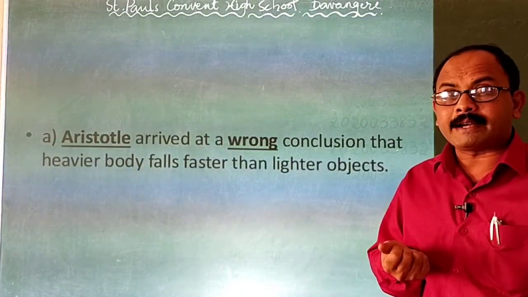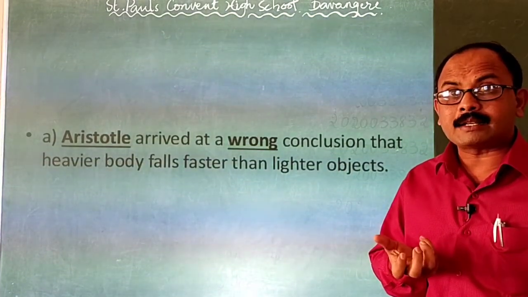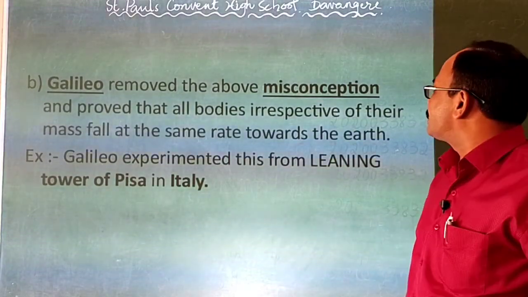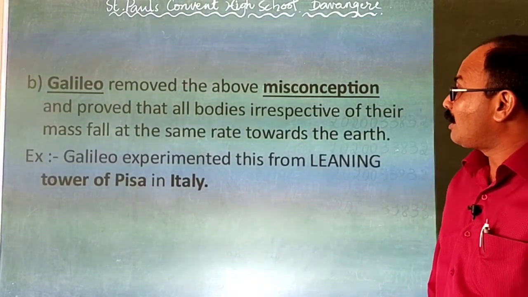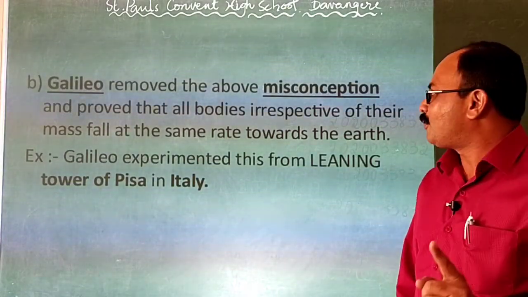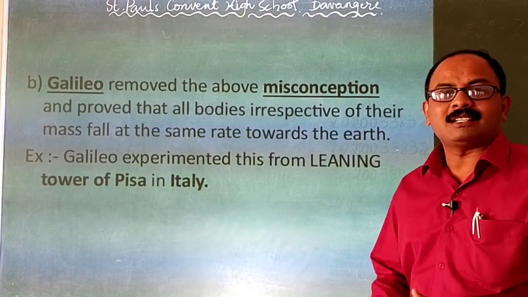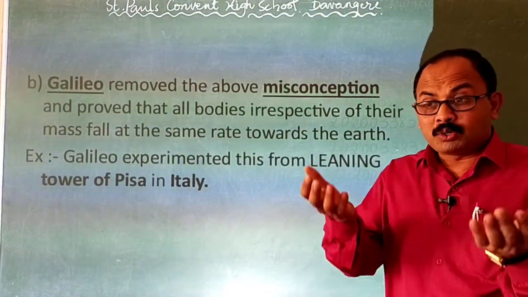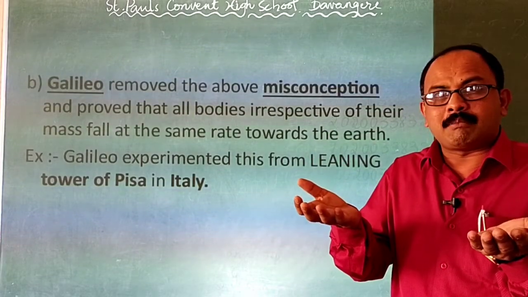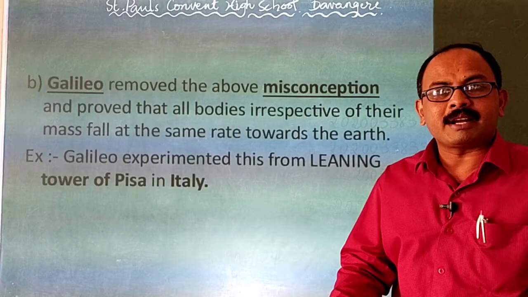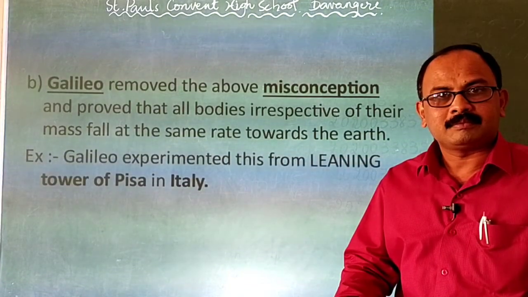Then, who rectified it? Who gave the correct concept? Galileo removed the misconception and proved that all bodies, irrespective of their mass, fall at the same rate towards the earth. Galileo says both stones, irrespective of their masses, will hit the ground at the same rate, at the same time.